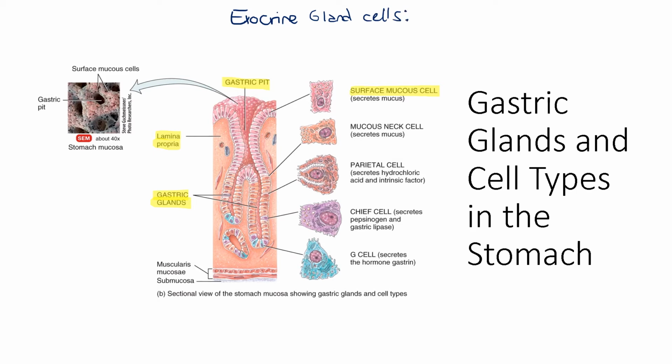These exocrine gland cells are the mucous neck cells, parietal cells, and chief cells.